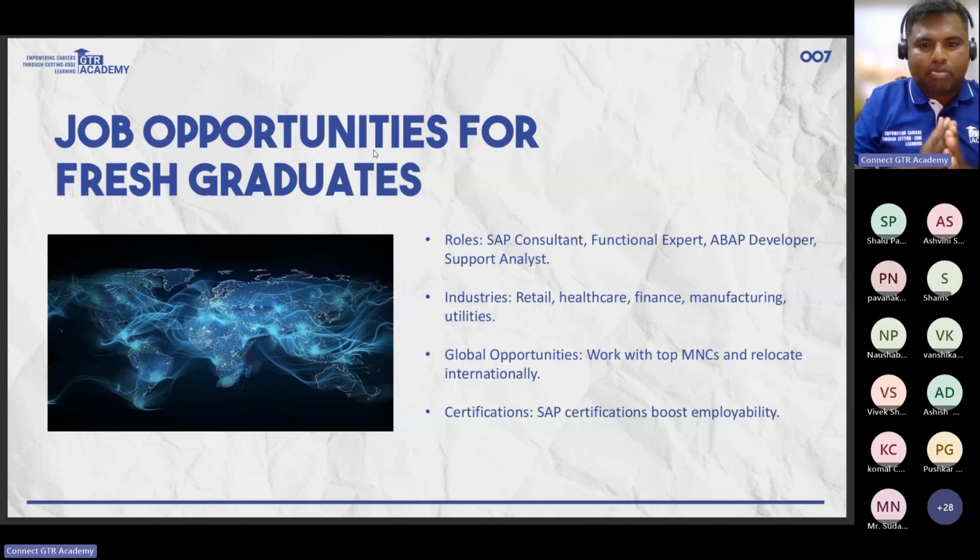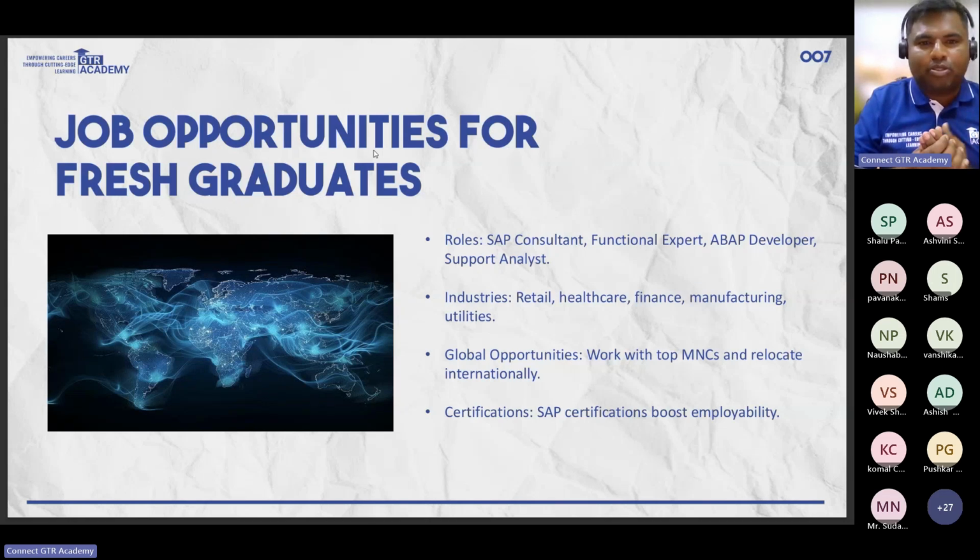As I explained already, from the application point of view, there are retail industries, healthcare, finance, aerospace, defense, manufacturing, oil and gas, energy. You name any sector, SAP is already there, including education. Manipal University is using SAP software for their day-to-day activities.